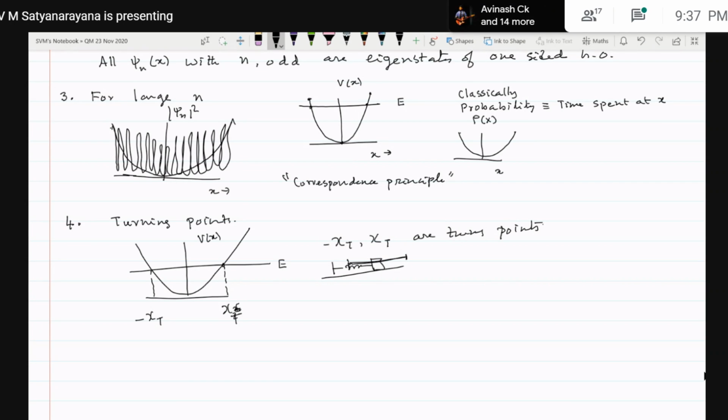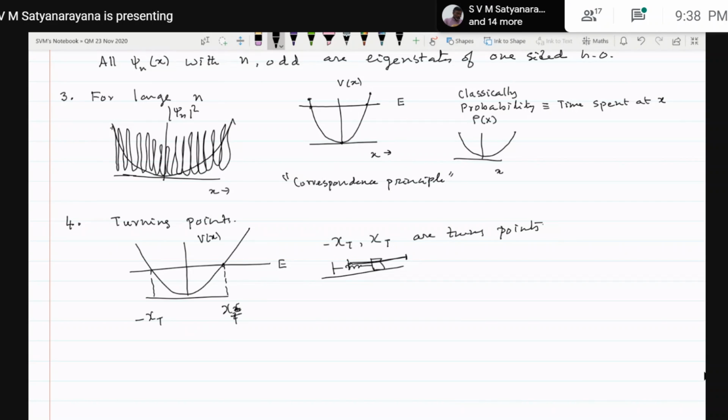Whereas in quantum mechanics, it is not that it will return exactly the same way, because if you see the wave function, it will go to 0 only at x goes to plus infinity or minus infinity. That means quantum mechanically, even if you take the ground state, energy is very small, so there must be turning points in a very nearby region.